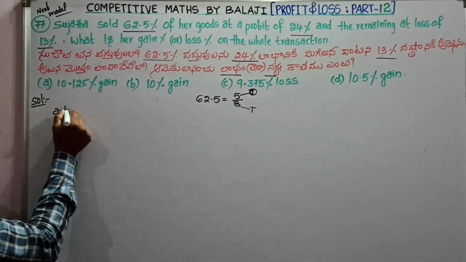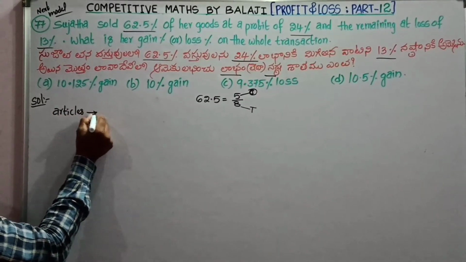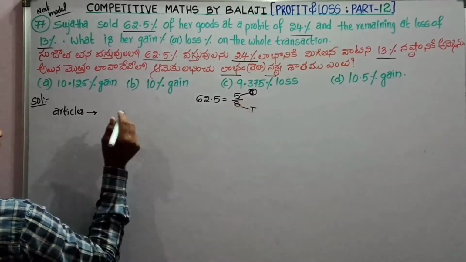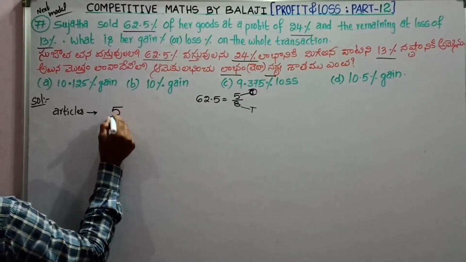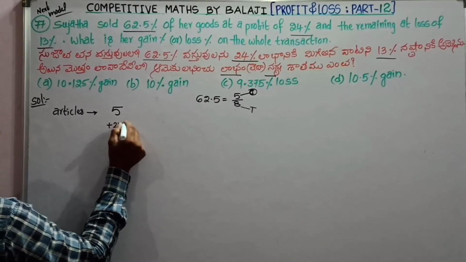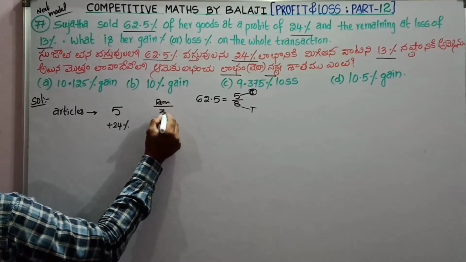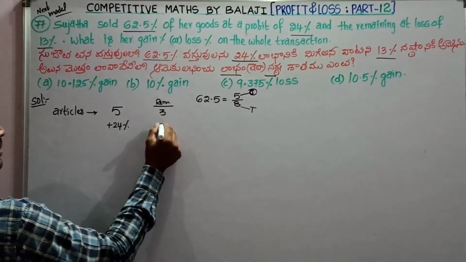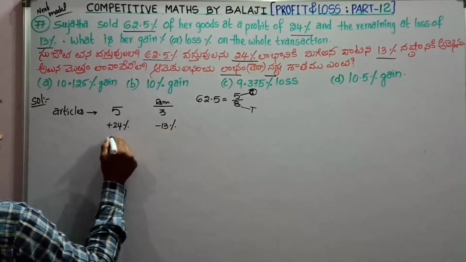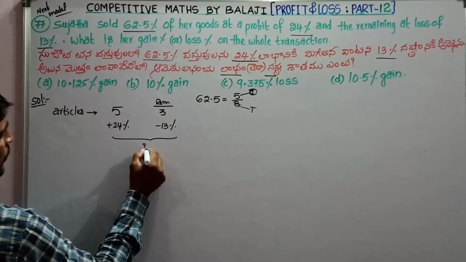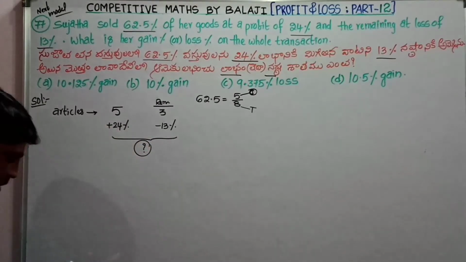Ratio of articles: out of total 8 articles, Sujata sold 5 articles at 24% profit. Remaining are 3 articles. The remaining 3 articles she sold at 13% loss. We have to find the overall profit percent or gain percent of Sujata.